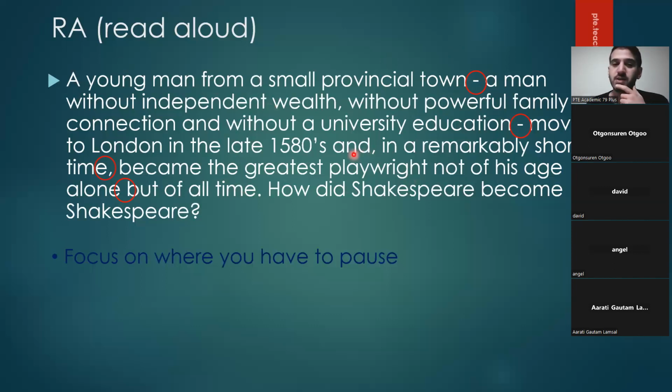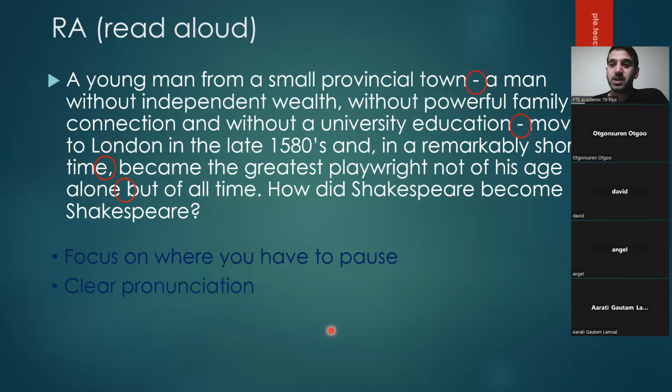Even the rest of it: became the greatest playwright, not of his age alone, but of all time. Not of his age alone, but of all time. If I try to read it like "became the greatest playwright, not of his age alone, but of all time," that sounds weird. It doesn't make sense. So chunking is also important here.